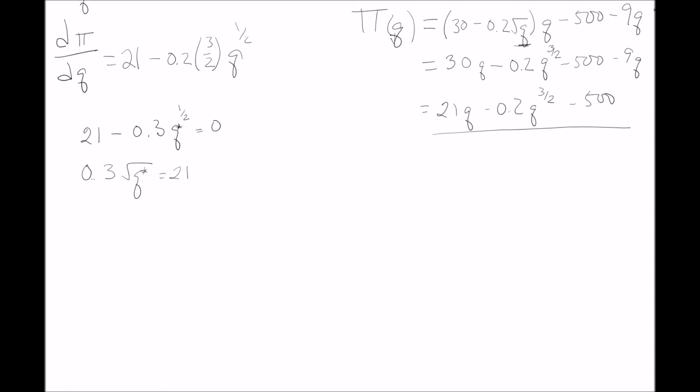This is 3/10, and I'm going to multiply both sides by the reciprocal, 10/3. So I get the square root of our optimum q is equal to 10/3 times 21, or 210 divided by 3, or 70. And that makes our optimal q 70 squared.